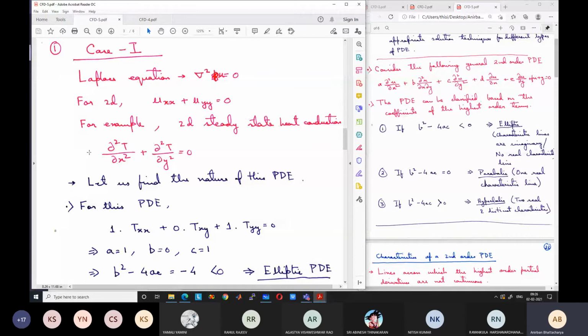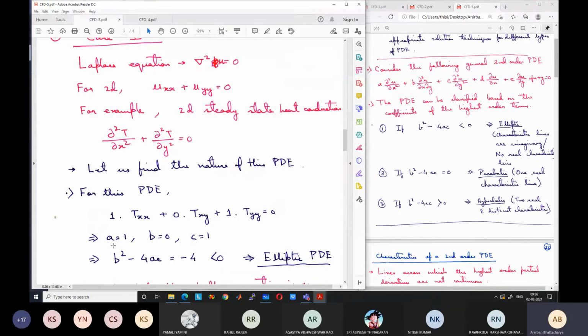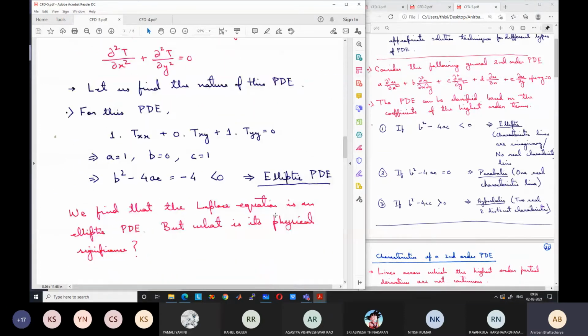In this case there is no mixed derivative, so B is 0. With respect to the second independent variable, we have another second order term with coefficient 1, so C is 1. A is 1, B is 0, and C is 1. So B square minus 4AC is 0 minus 4 into 1 into 1, so minus 4, which is less than 0. It means that this is an elliptic PDE, or the behavior is like an elliptic behavior.